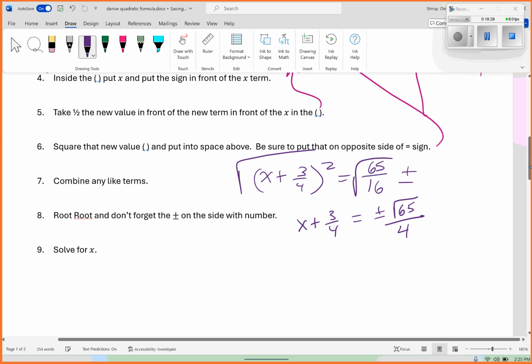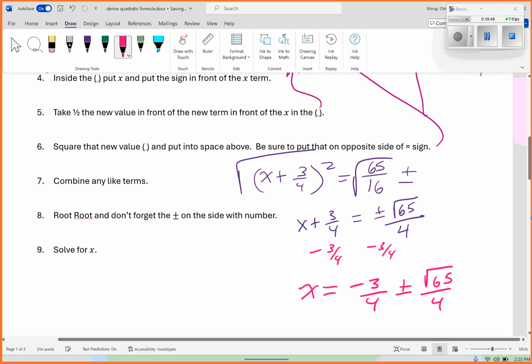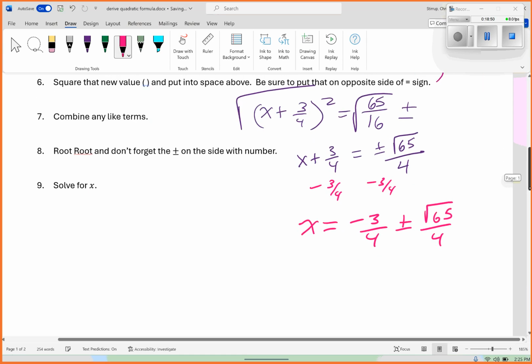And then solve for x. So what you're going to do, you're going to subtract 3 over 4 from both sides. So that's going to give me x equals negative 3 over 4 plus or minus square root 65 over 4, which, if we do this the right way, are those the same denominators?